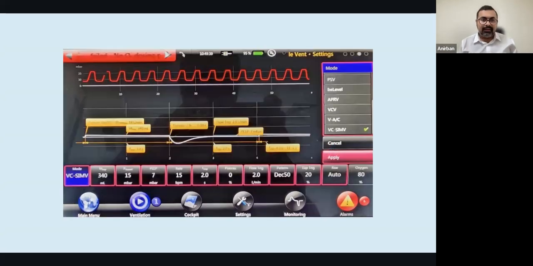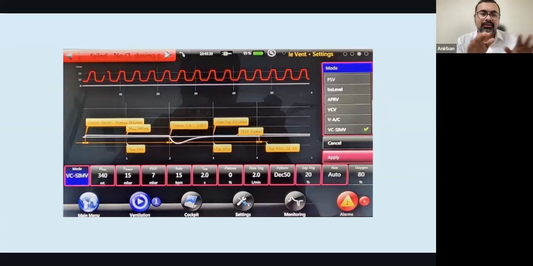Now SIMV. It is intermittent mandatory ventilation. What is S? Synchronized. Let us understand what intermittent mandatory ventilation is. It is where you get mandatory breaths which are cycled by the ventilator with a specific inspiratory time, and there are spontaneous breaths in between, like a pressure support breath.